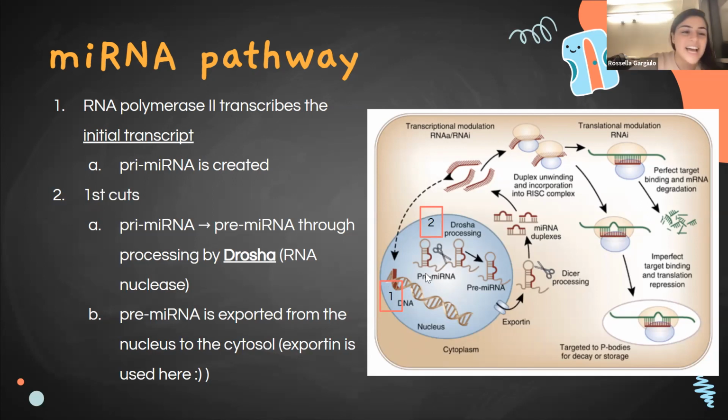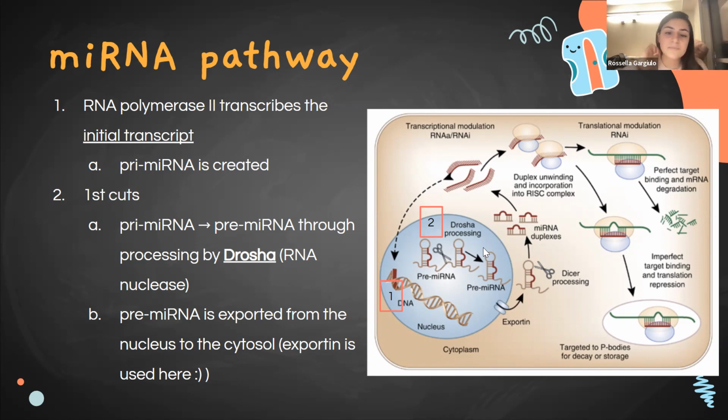So your miRNA gets transcribed. This is called pri-miRNA, and it gets processed and cut by an enzyme called Drosha. When it gets cut by Drosha, then you call it pre-miRNA. So it goes from pri to pre-miRNA.